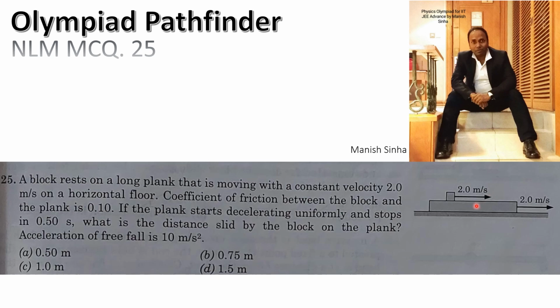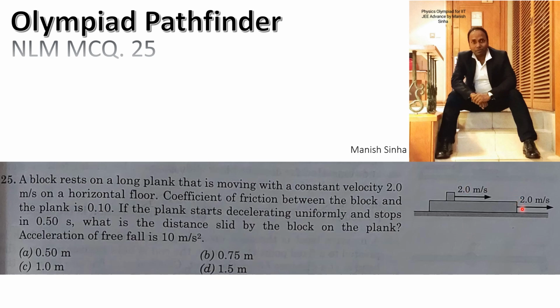Okay, so in the question, it is given this is the plank, the bigger one is the plank, and it is going on a frictionless surface with 2 meter per second. A block is kept on this plank and is also moving with the same velocity, 2 meter per second.